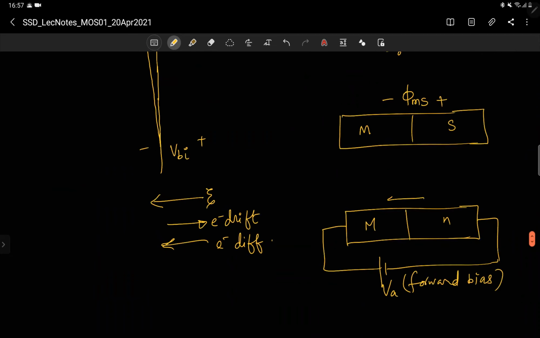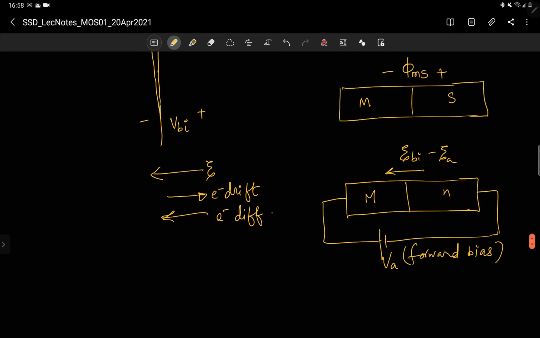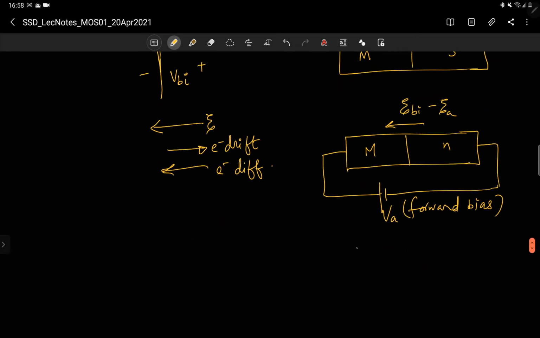There is a built-in field, E built-in, an electric field or built-in potential like this, and that is balancing the diffusion current from N to P, or M to N, whatever. Now that you have applied some potential, it actually falls across the depletion region in the N region, reducing the built-in field. So now it is E built-in minus E applied, which is a reduced drift field.